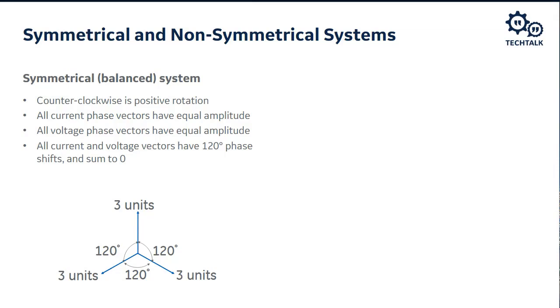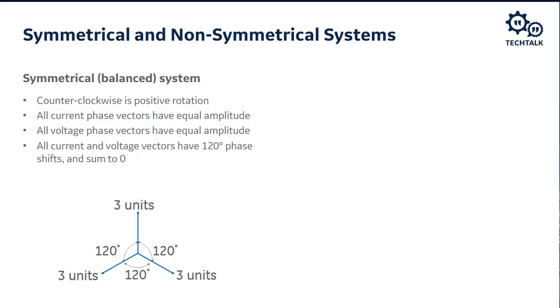If we were to apply this three-phase system to a balanced three-phase delta-connected load, we could very easily calculate the current through that load. Or if we applied it to a balanced three-phase impedance, we can calculate the current through that impedance if these vectors are voltages. That would be easy to do because it's balanced.